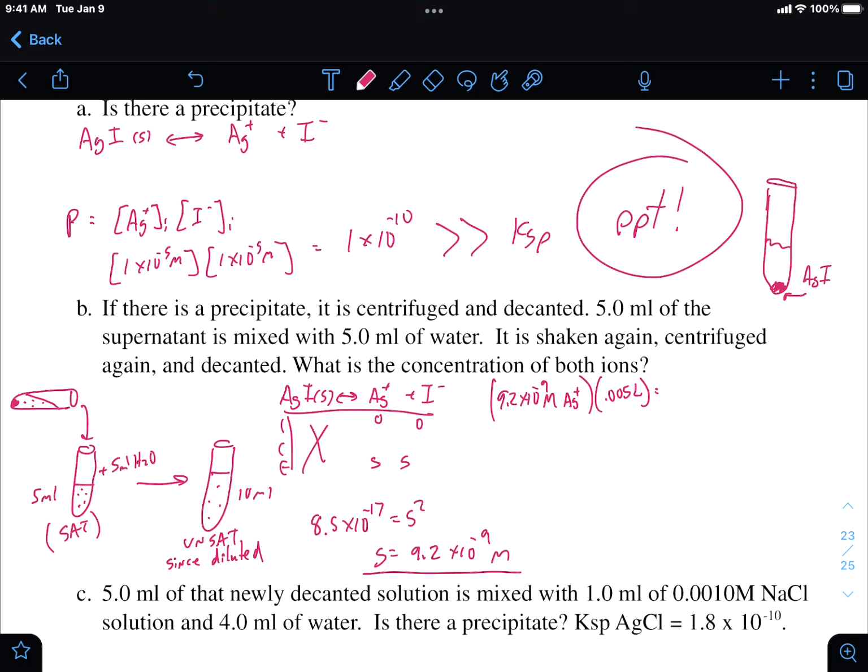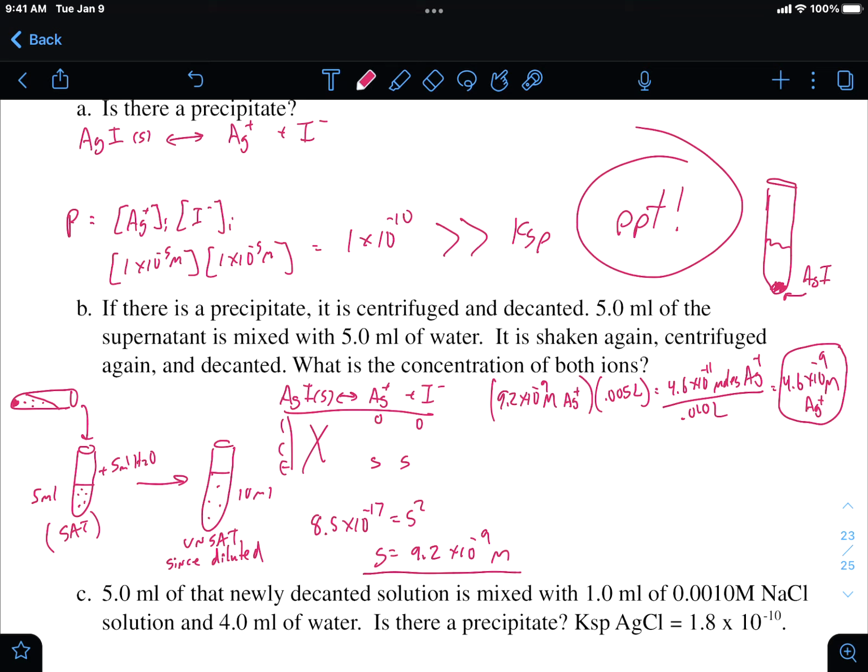So we can find out how many moles there are and then redivide by the new volume. Does that make sense, guys?